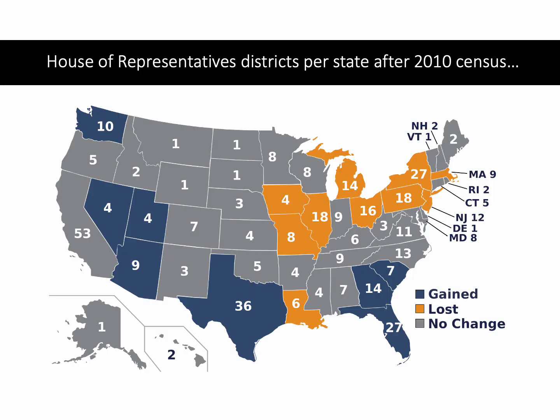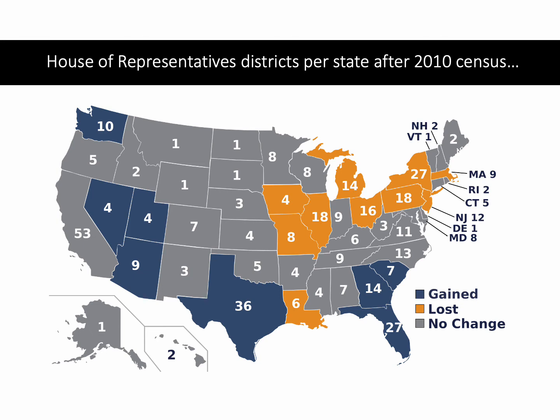Now, I'm going to show you what happens after the census. This is the number of districts that each state had, the number of members of Congress that each state had after the 2010 census and after it was redrawn. And you can see what happened. The orange states lost a representative or two.